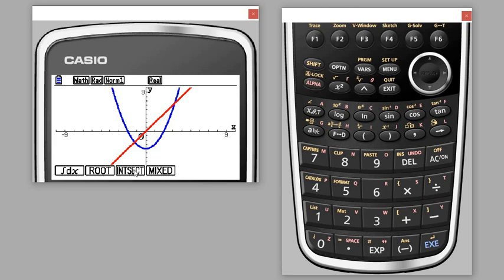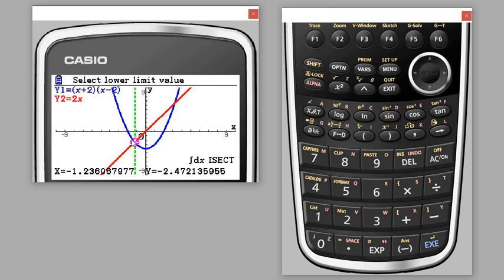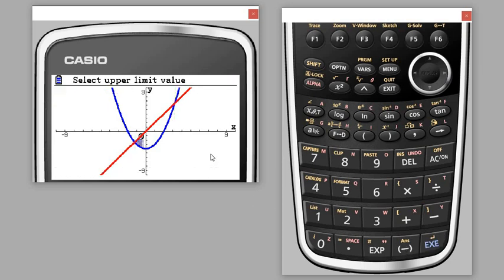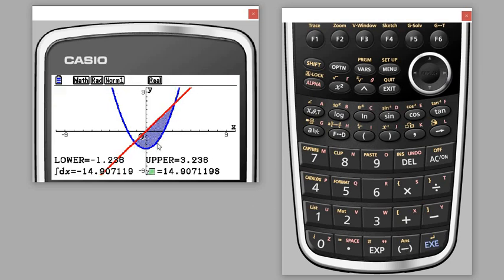This time I want to do it in terms of my intersects. If I go into intersects, it will find the first intersect of the two functions. Press enter, go across, it will find the next intersect, press enter, and then it will find the area between the two. Once again you see the definite integral was negative because it was a negative area, but it gives you the total area over here.